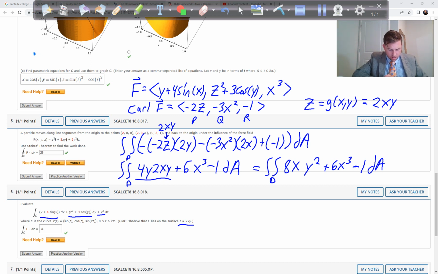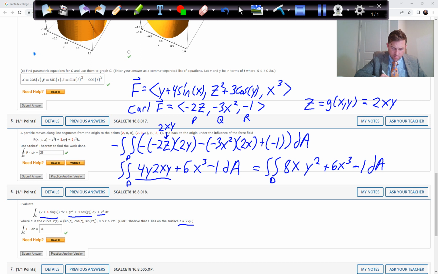This curve r of t, if you look at how this curve is mapped out, it actually goes down. So there should have been a negative, and so again, orientation matters here. So there should have been a negative carried along this double integral because of how the curve goes. Okay, so we just add that negative back in.